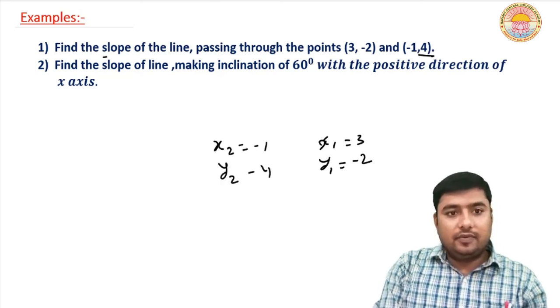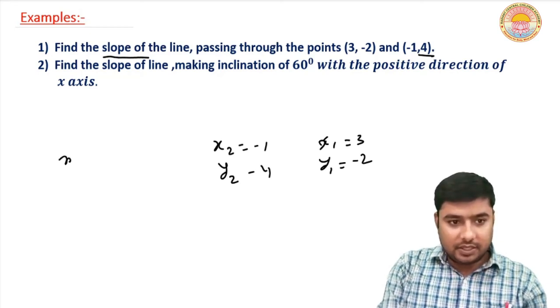What do we find? The slope of a line when two points are given: m equals y2 minus y1 upon x2 minus x1.